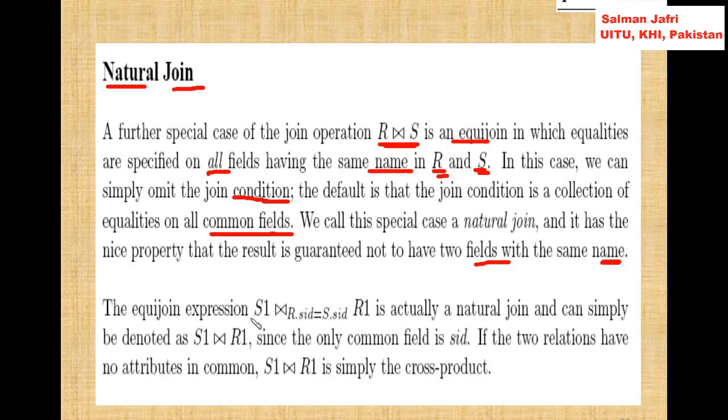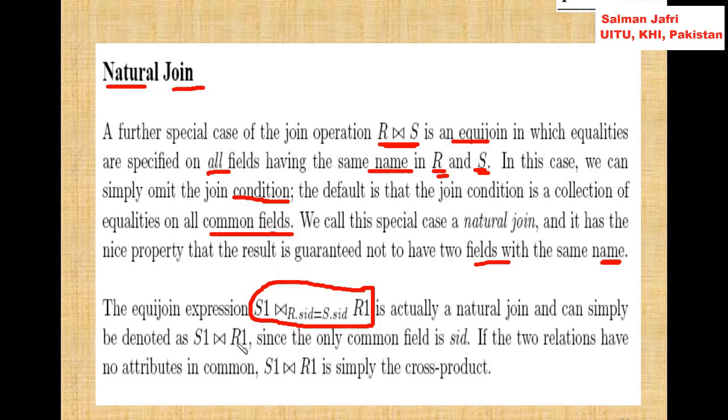So of course we have this equijoin operation, S1 joined with R1, where the joining condition is R.SID equals S.SID. Can we call it a natural join? The answer is yes, because it is only SID that is common to both sailors S1 and reserves R1.